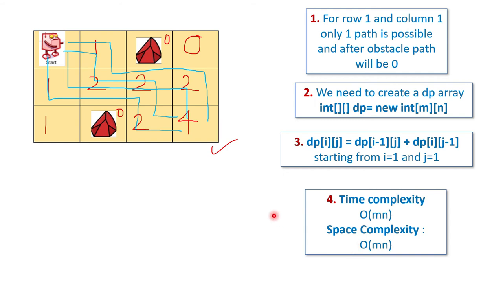But in O of 1 space also we can do this problem. How? Because initially you will be given with one obstacle grid array as an input. You can keep on updating that array while doing the program. No need to take another two-dimensional array to do this program. In the same array itself, you can update the values and get the result.